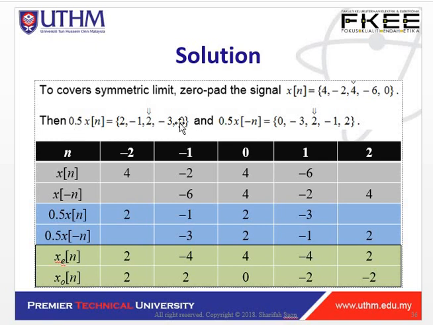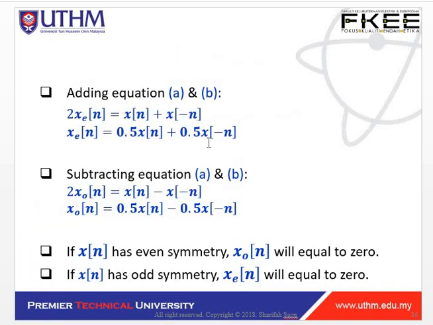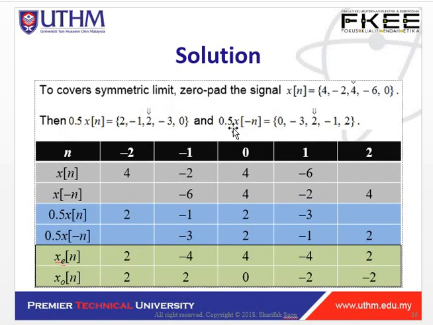Then you need x[negative n], the folded version. You use the same values, just mirror image. You move the right-hand side values, negative 3 and 0, to the left-hand side, and 2 and negative 1 to the right-hand side.